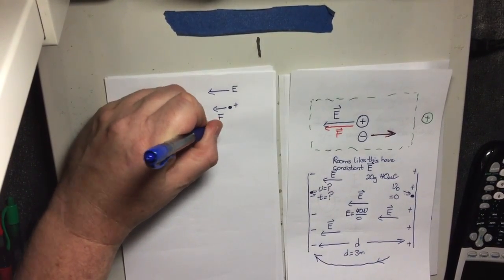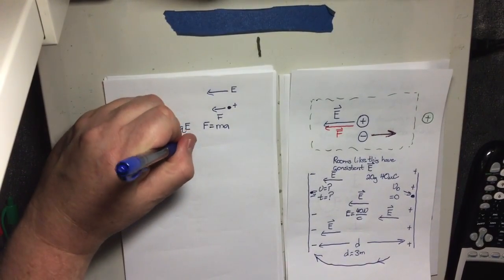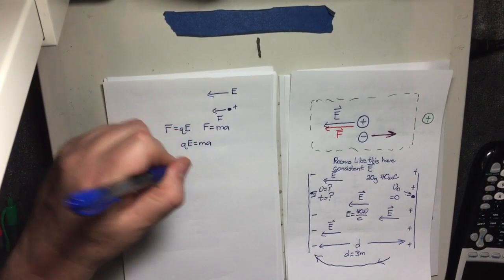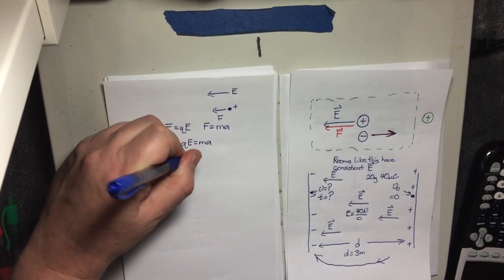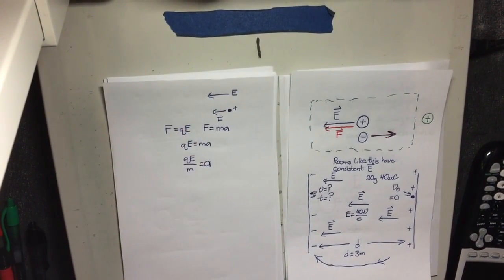Newton's second law says the force is equal to ma. So you could say that QE is equal to ma, or QE over m is equal to a. You can put those two things together.